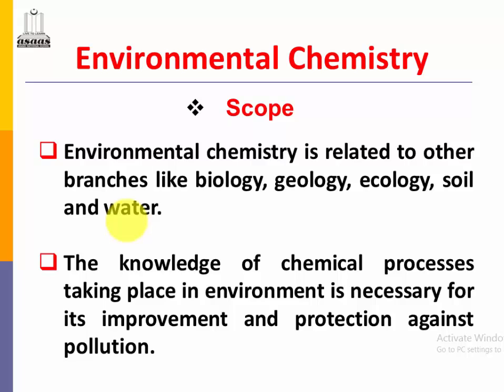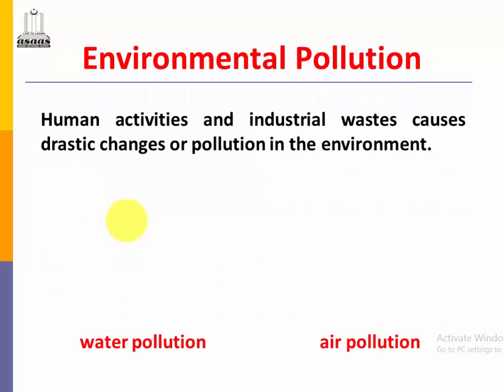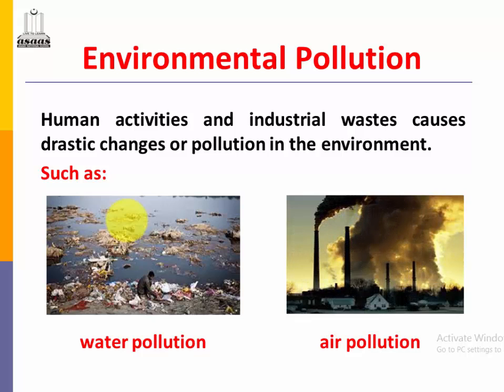So the question here is, what is pollution? Human activities and industrial waste cause drastic changes or pollution in the environment, such as water pollution and air pollution. A pollutant is a waste material that pollutes air, water, or soil. Water pollution is a contamination of water channels like lakes, rivers, oceans, and groundwater.